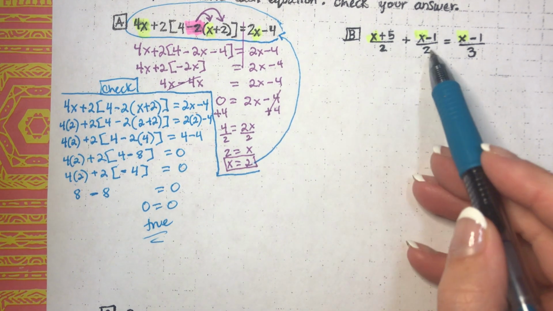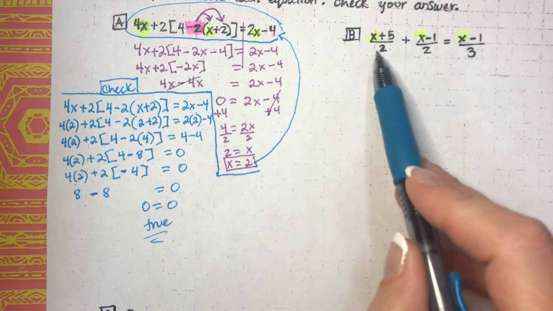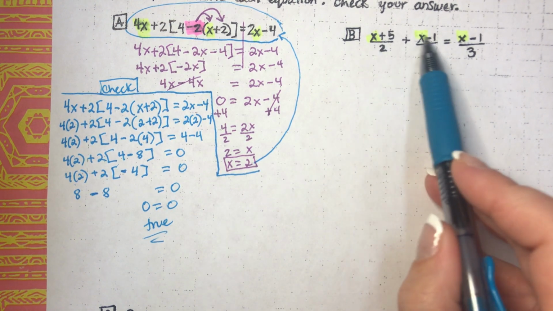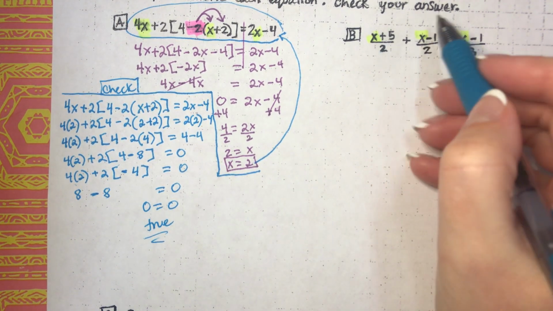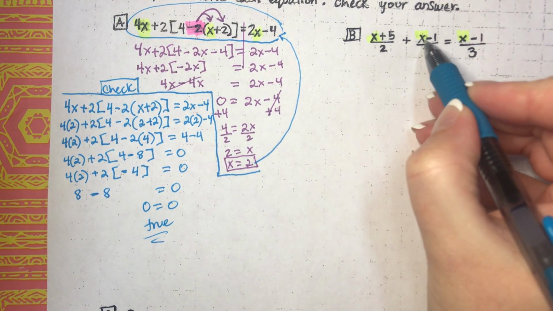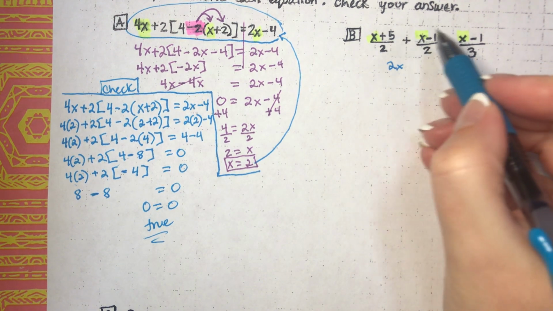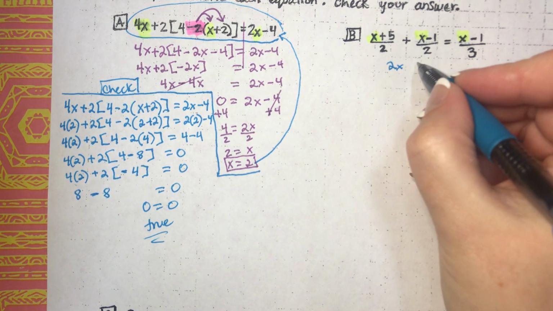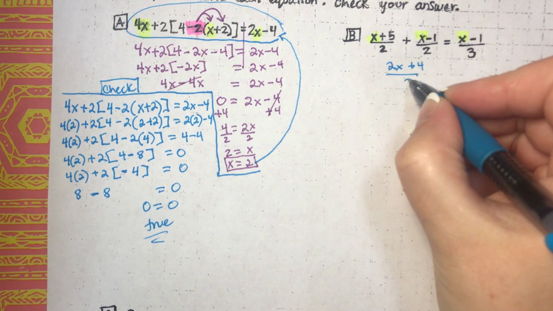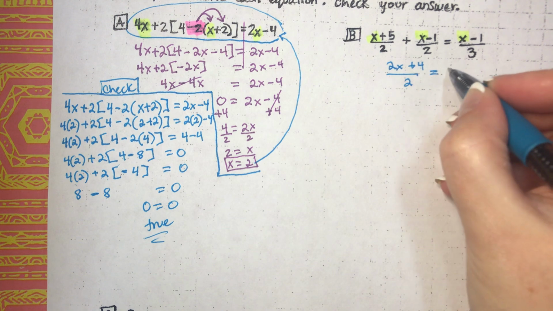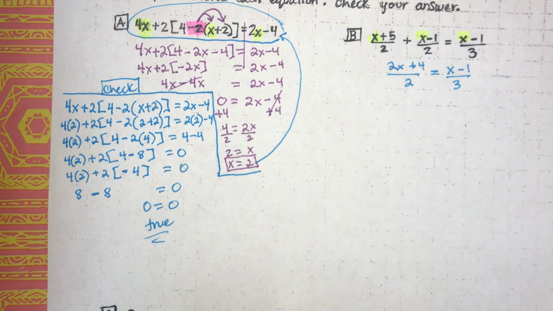So we have the fractions here. These have a common denominator, right? So since they have a common denominator, that means we can just add the things on top. So we can go x plus x would be 2x, and 5 minus 1 would be a positive 4 over 2 equals x minus 1 all over 3.